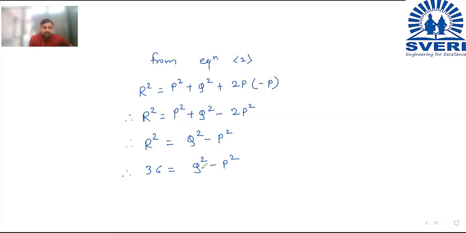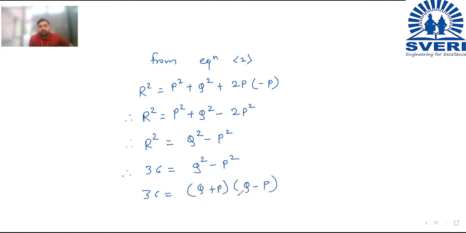Okay, so here you can expand this, a square minus b square. What is the formula? Here your a is q and b is p. So a square minus b square is (a plus b)(a minus b). So I will write here 36 is equal to (q plus p)(q minus p).